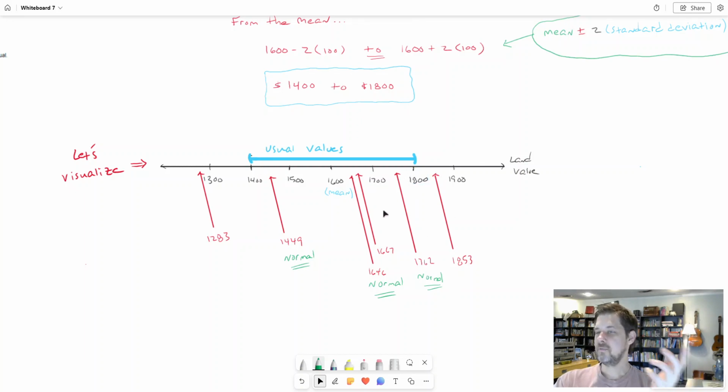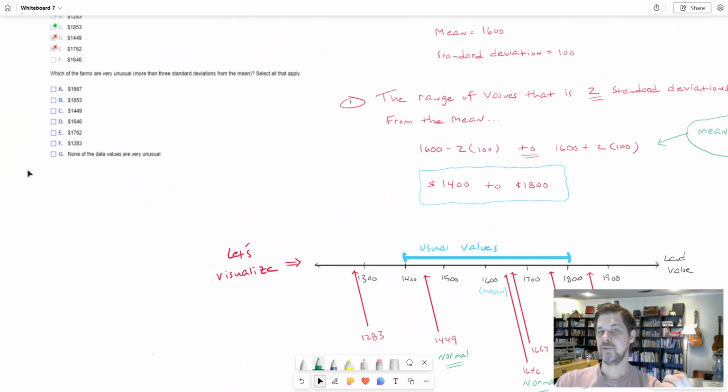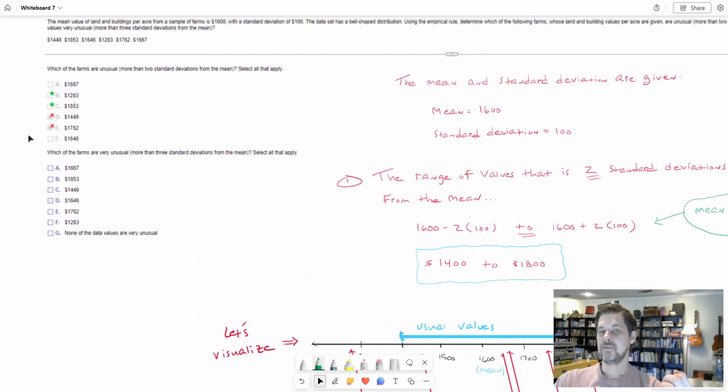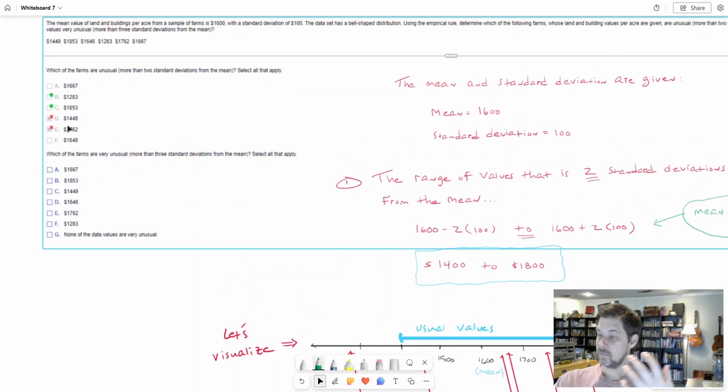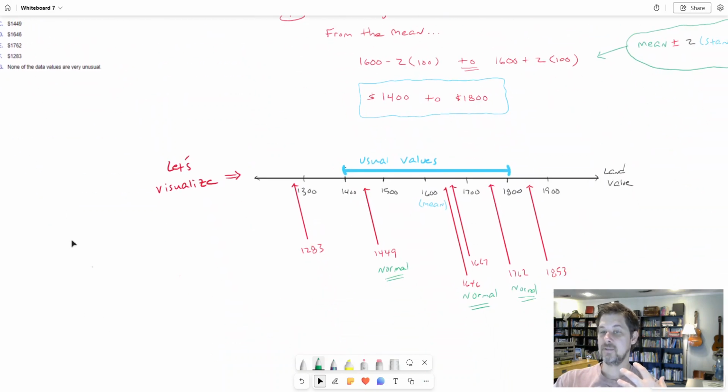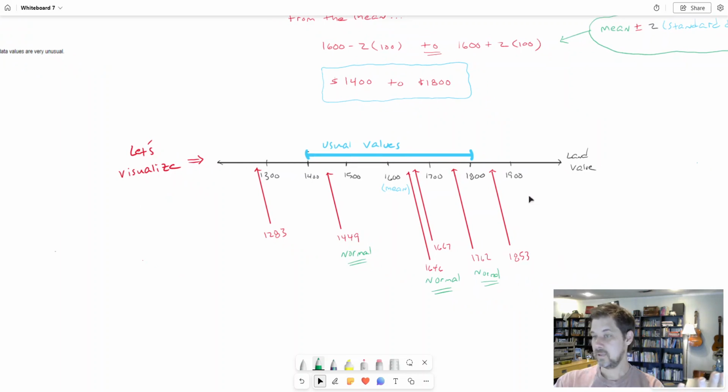And the only 2 that weren't in the usual values range, which is within 2 standard deviations of the mean, were 1283 and 1853. So when we look at the answer, this one was answered incorrectly when it was sent to me. It's 1283 and 1850. Those are the ones that, if you look at the number line, are just not within the usual values range. All right, so that's how you can think about it.